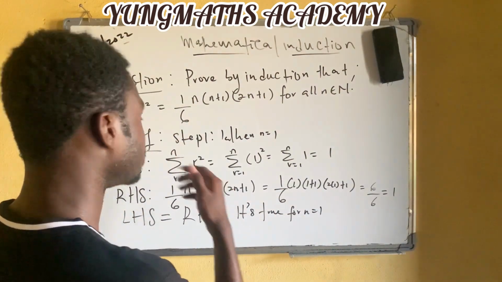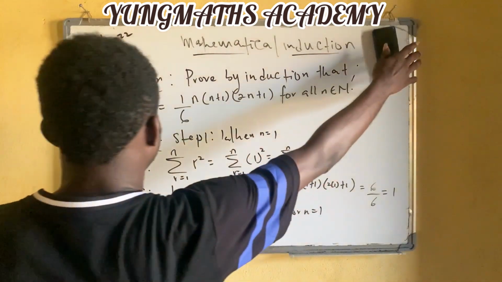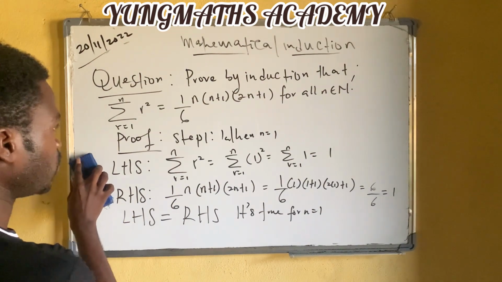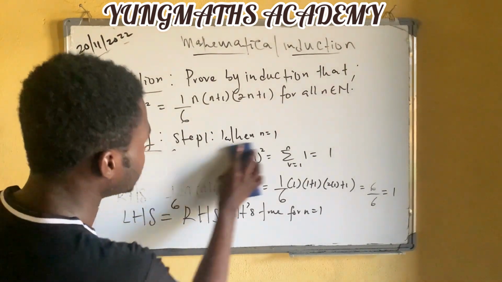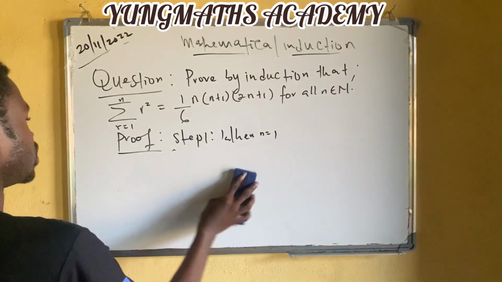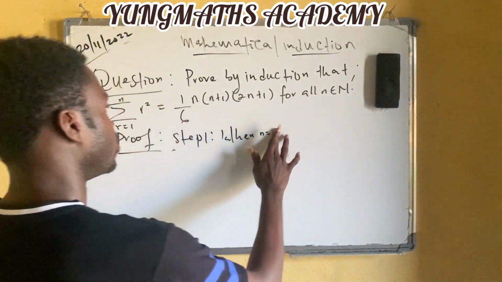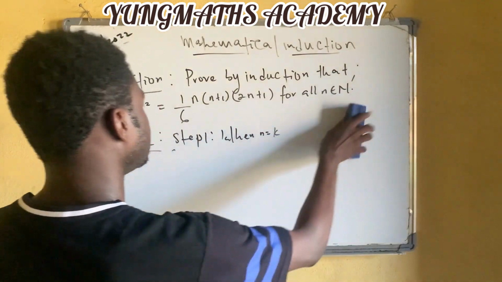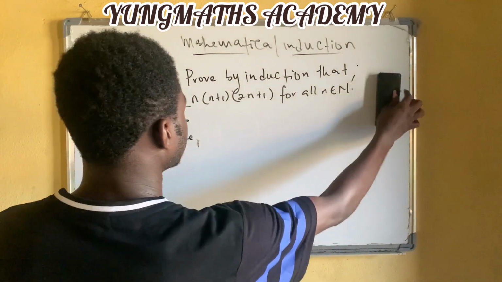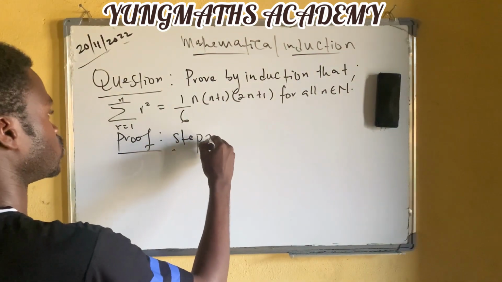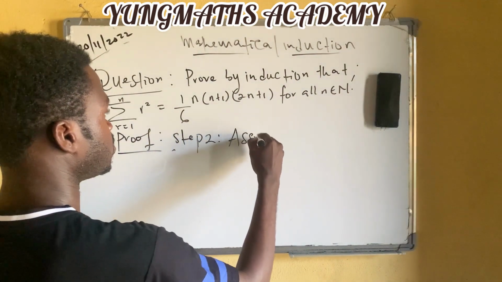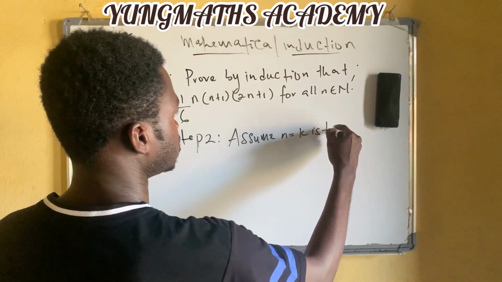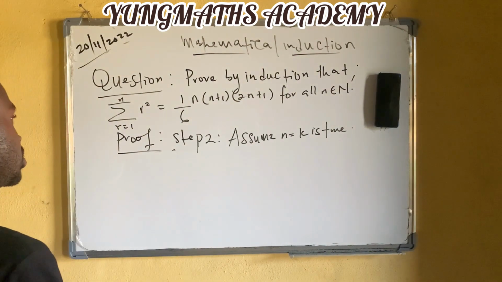Okay, so we go to step 2. Because of space here, we have to clean this, so I will just rub off my step 1. So step 2 is to assume n equal to k is true. We assume n equal to k is true.